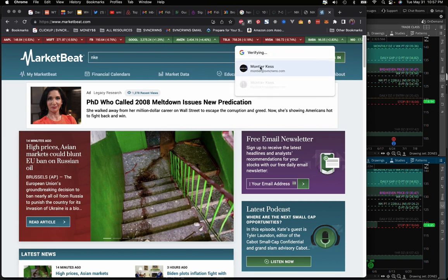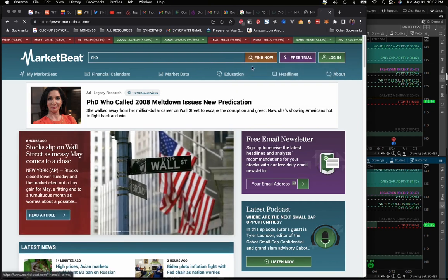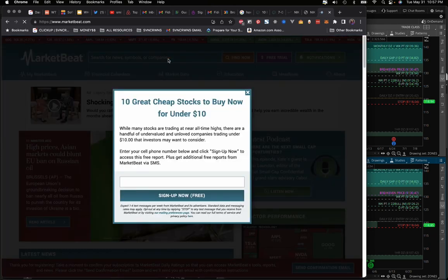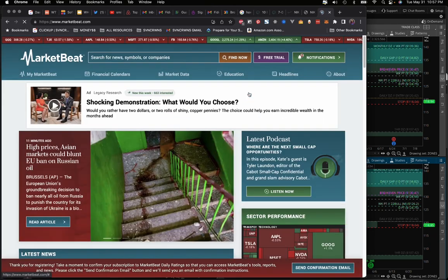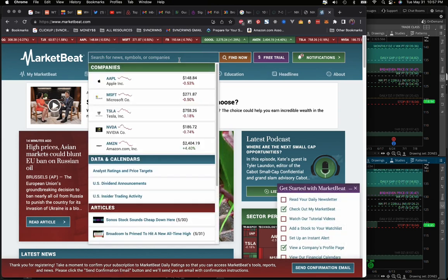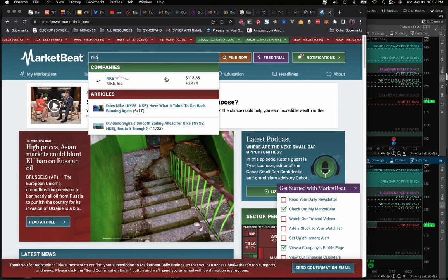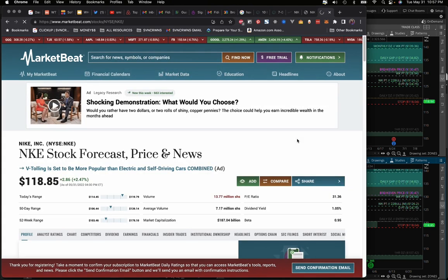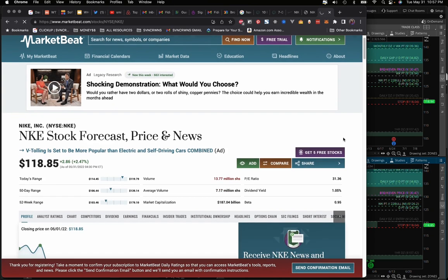Yep. There's no way around that. Sheesh. Pop-ups. All right, so type in Nike. Click on it. And this site is free. You just have to log in.